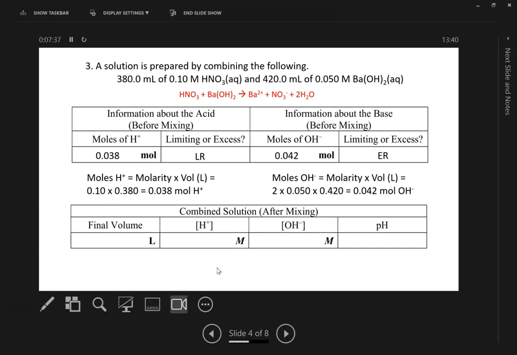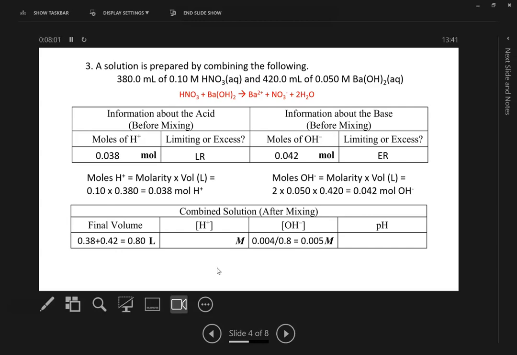Now let's compute our final pH. We should expect that since our excess reagent is OH minus, our final pH is going to be greater than 7. So I can get a final volume. I add 0.38 plus 0.42, I get 0.80 liters. I get my OH minus.